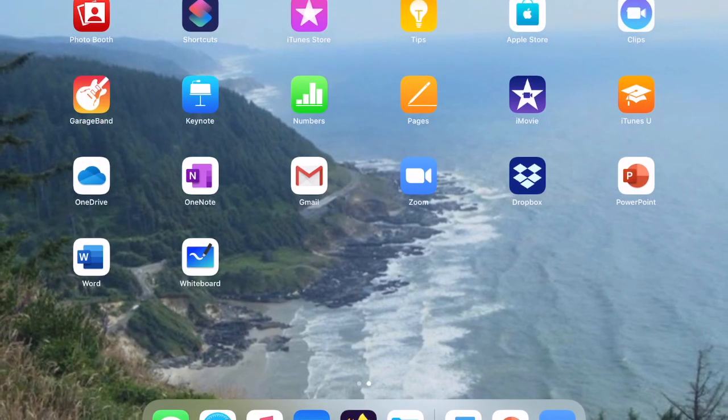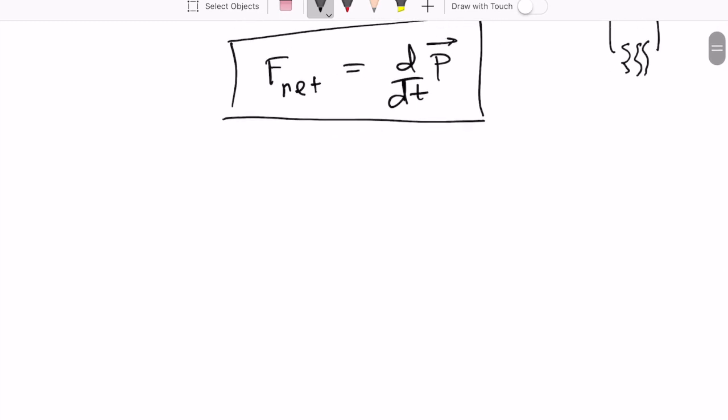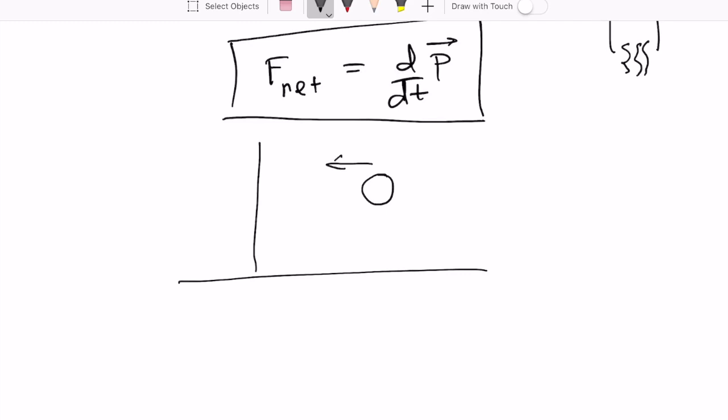So consider a ball which hits a bat, right? So suppose you or a wall or something. So you have this ball that's coming in, and it hits the wall. What kind of forces act on it when it hits the wall?